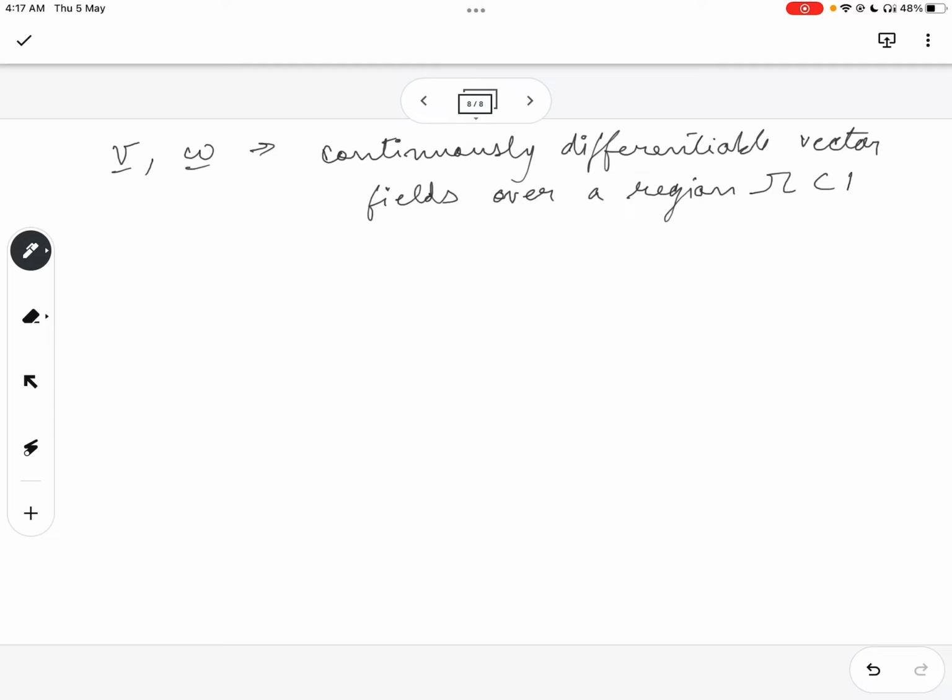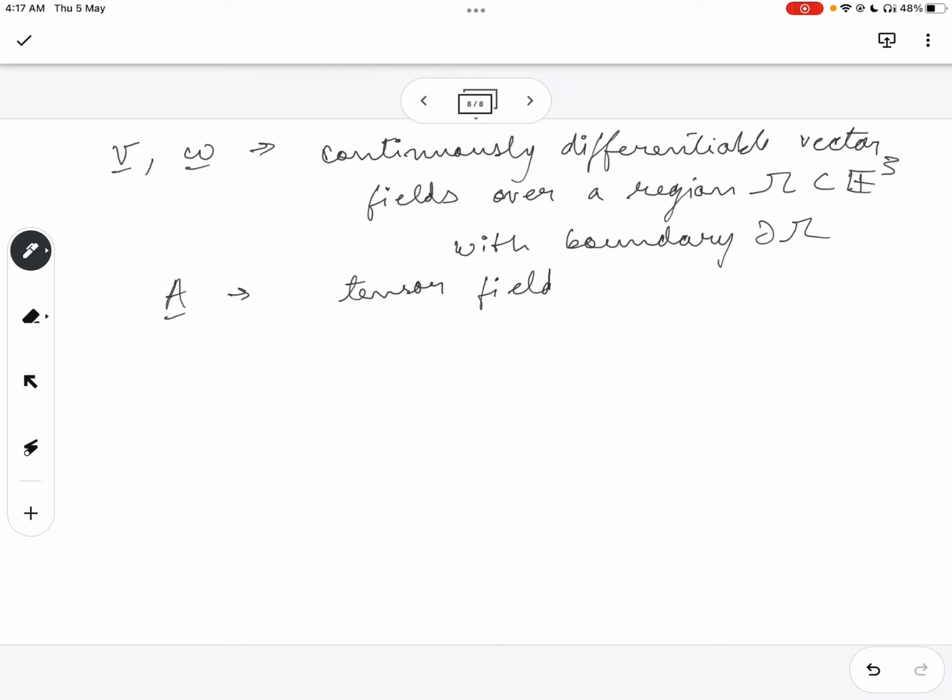which is a subset of three-dimensional Euclidean space with boundary del omega. And A is the same, but it is a tensor field.